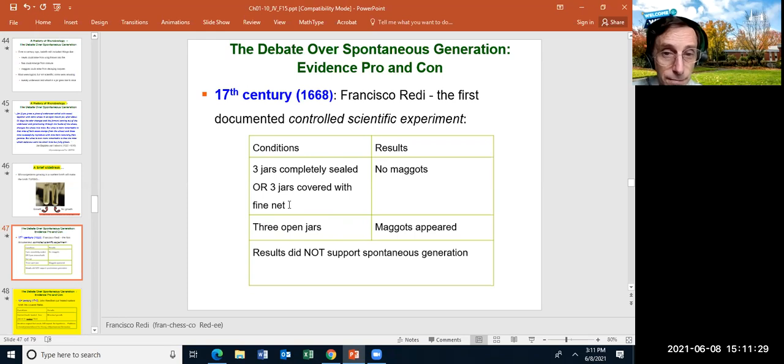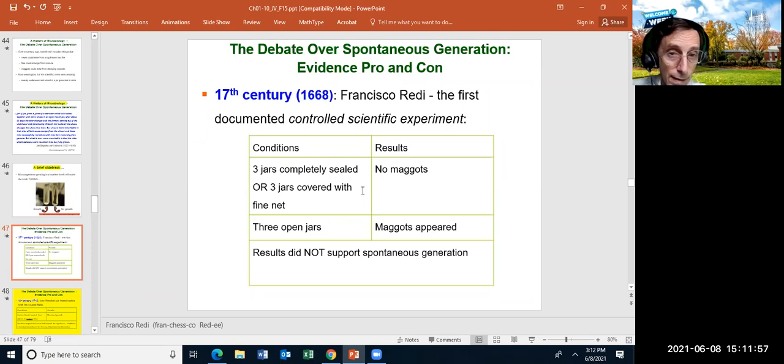He noticed in the 3 jars that were open that the meat later on got maggots in them. But in the 3 jars that were completely sealed and the 3 jars that were covered with a fine wire net, there were no maggots in the meat.